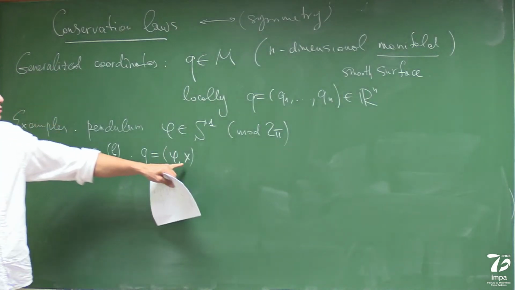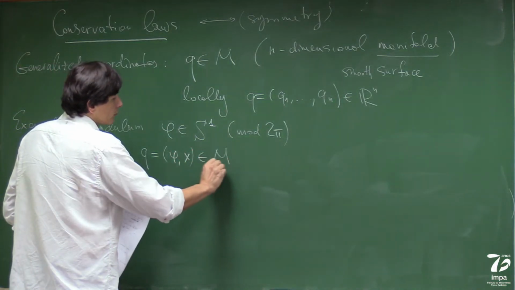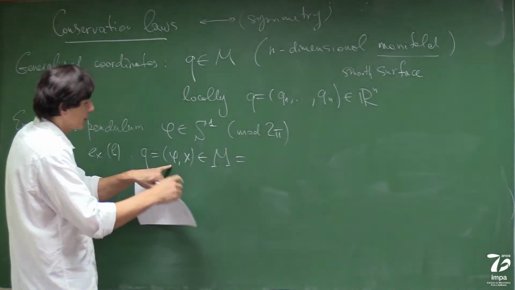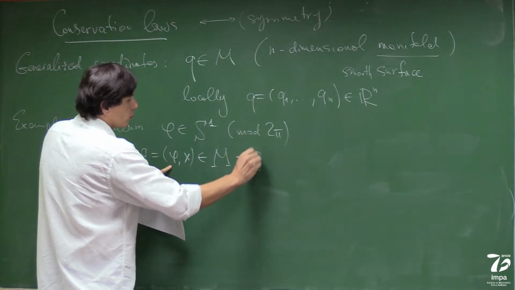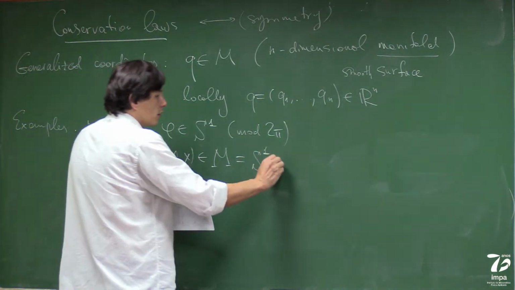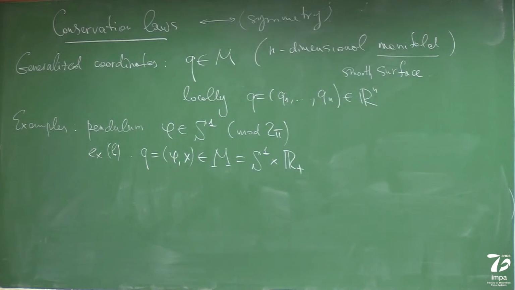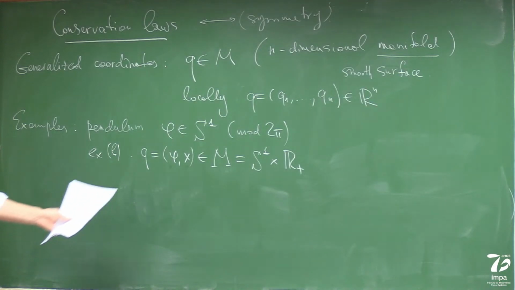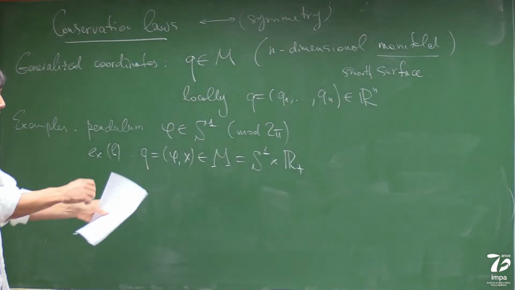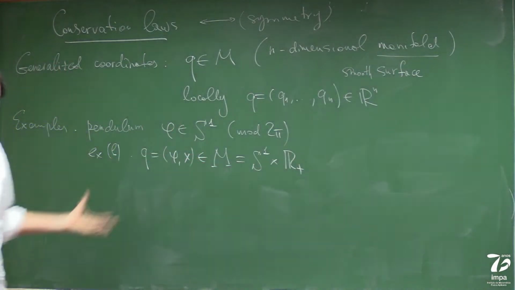And position is positive. So the manifold in this case is a product of the circle for the first coordinate and the positive real line for the second coordinate. So that's the second example. So you see locally near each point it looks like R2, but globally not.